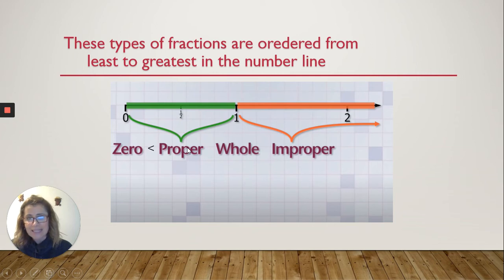But then we have the whole fractions that are greater than the proper fractions, because here you have 5/5. Then we have the improper fractions, where you add more than 5/5. For example, 6/5. This will be located here in the red part, more than one whole. That's why the improper fractions are greater than the whole fractions.